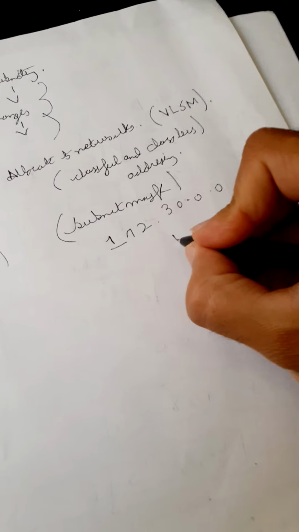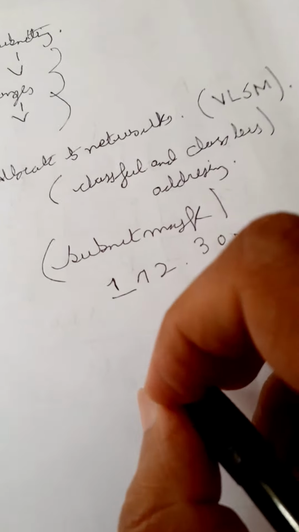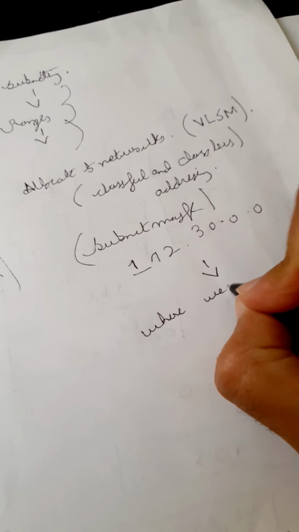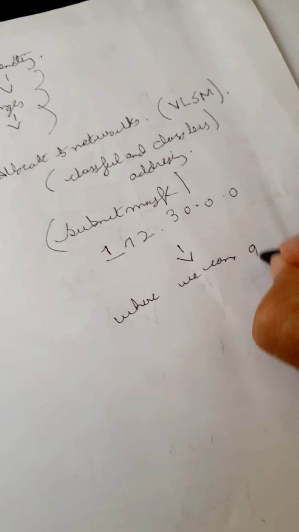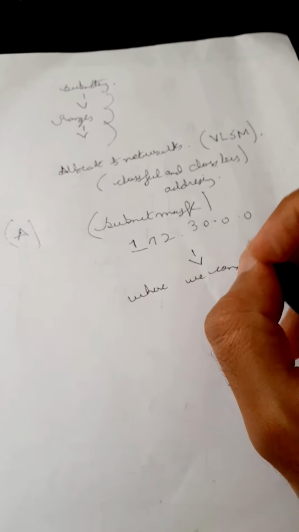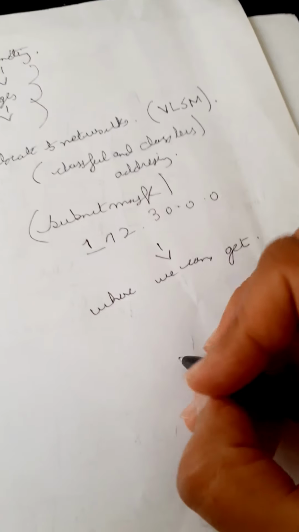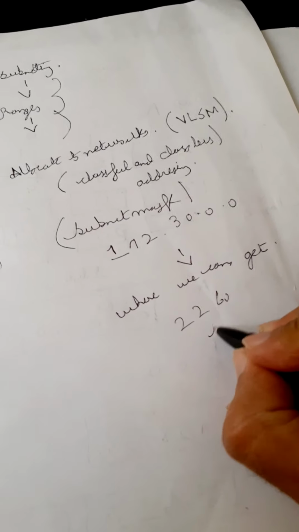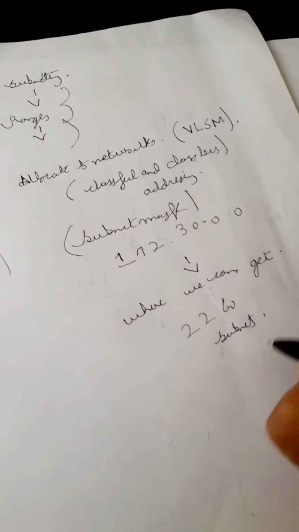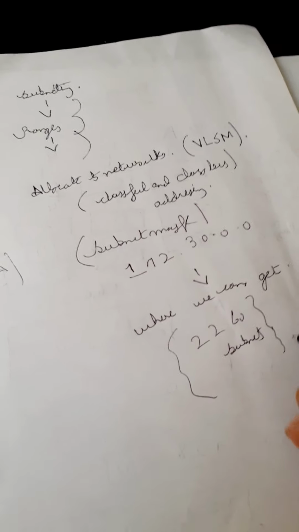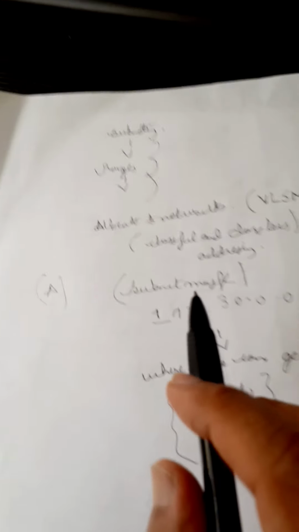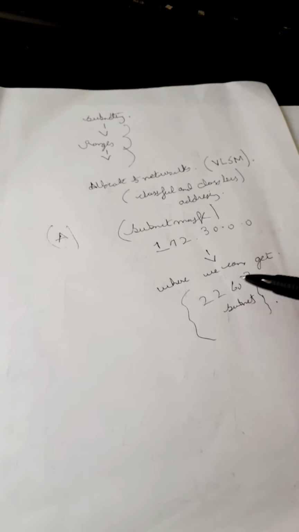Furthermore, it says we have to get 2,260 subnets. So that's our IP address here, and we can call it a network as well.